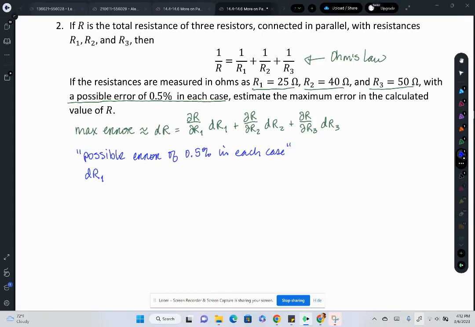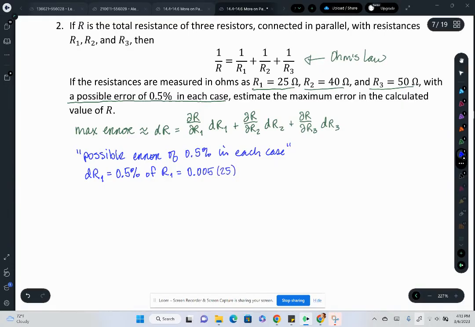The possible error is 0.5% of the actual measured value of R1. And so we would write that as 0.005 times the actual R1, the 25. And we multiply those out and it gives us 0.125 for a value of dR1.